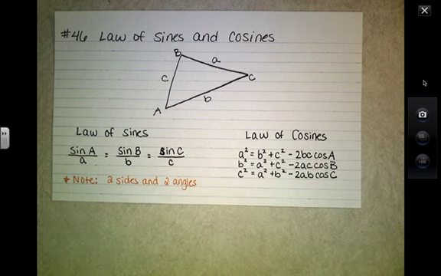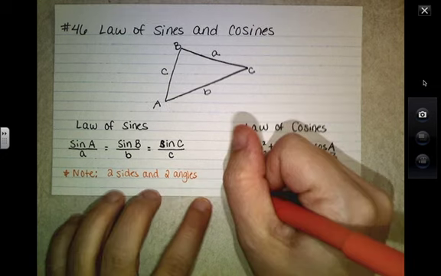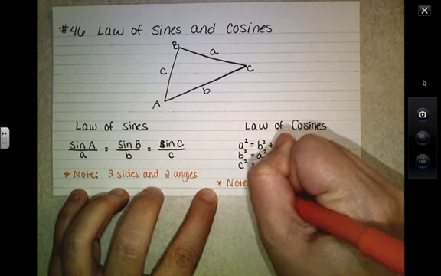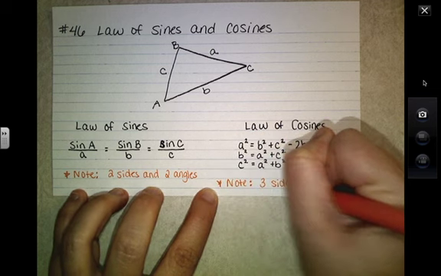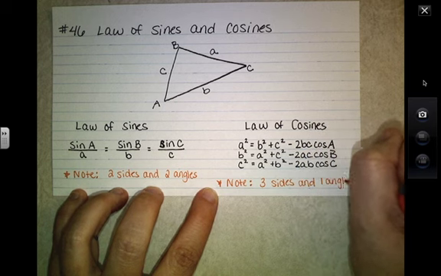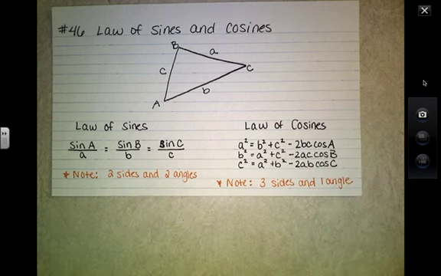It just depends on the sides that you have. Notice that the law of cosines uses all three sides and one angle. So again, four pieces of information, and one of those pieces would be missing to help us figure out what we need.